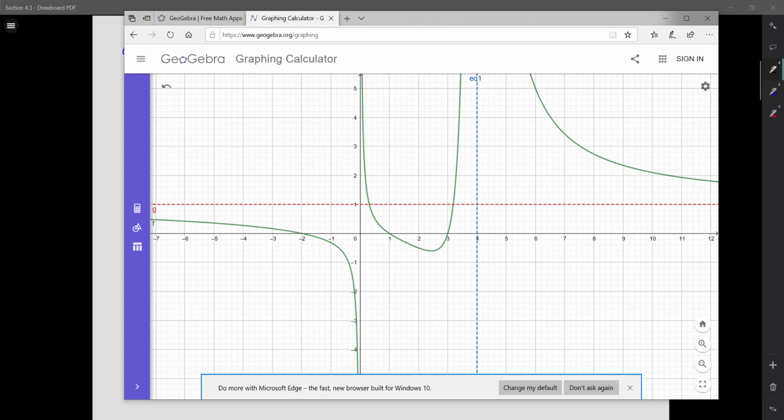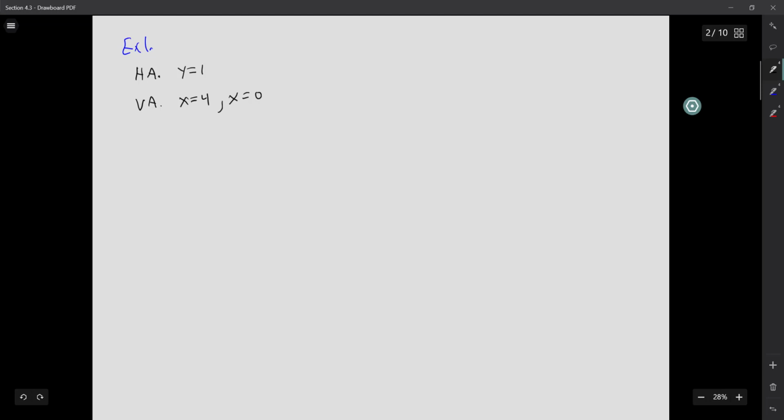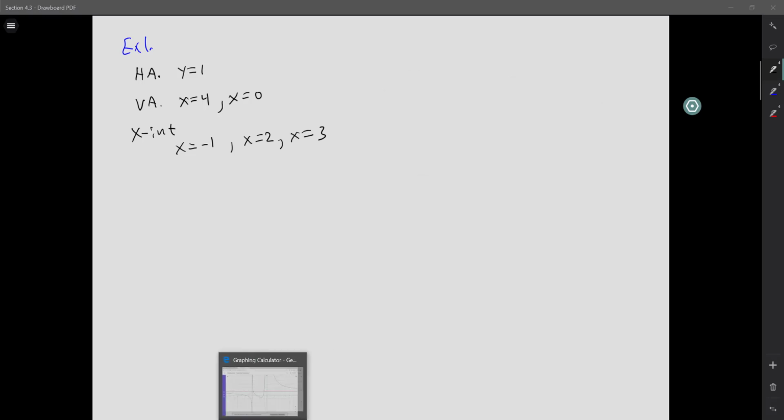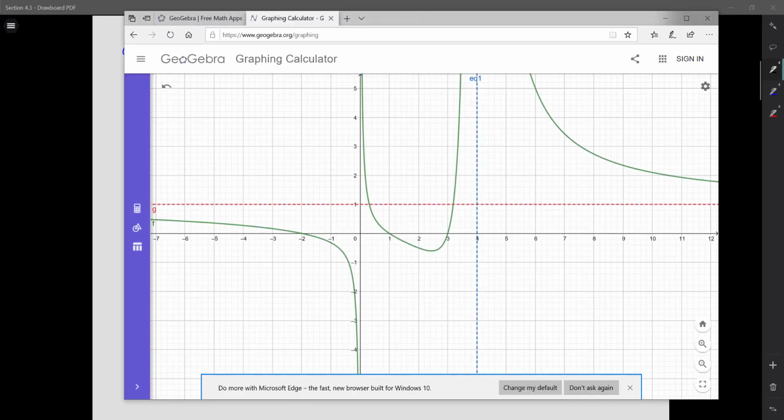Now what else do we see? Well, we see we have x-intercepts. I've got one here at -2, at 1, and at 3. Now, since we had a vertical asymptote at x equals 0, we're not going to have a y-intercept with this one either.